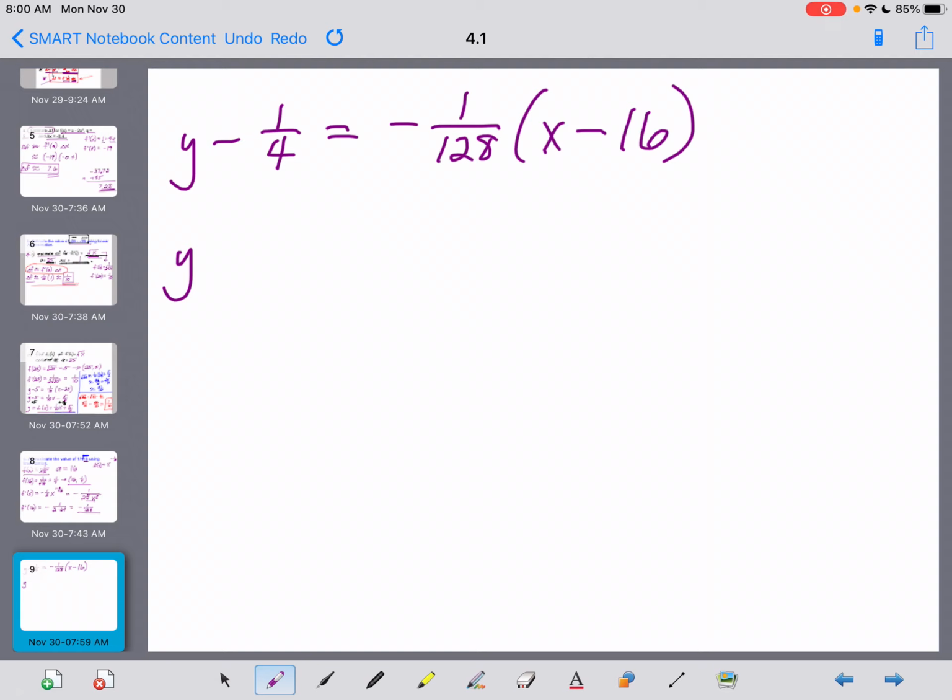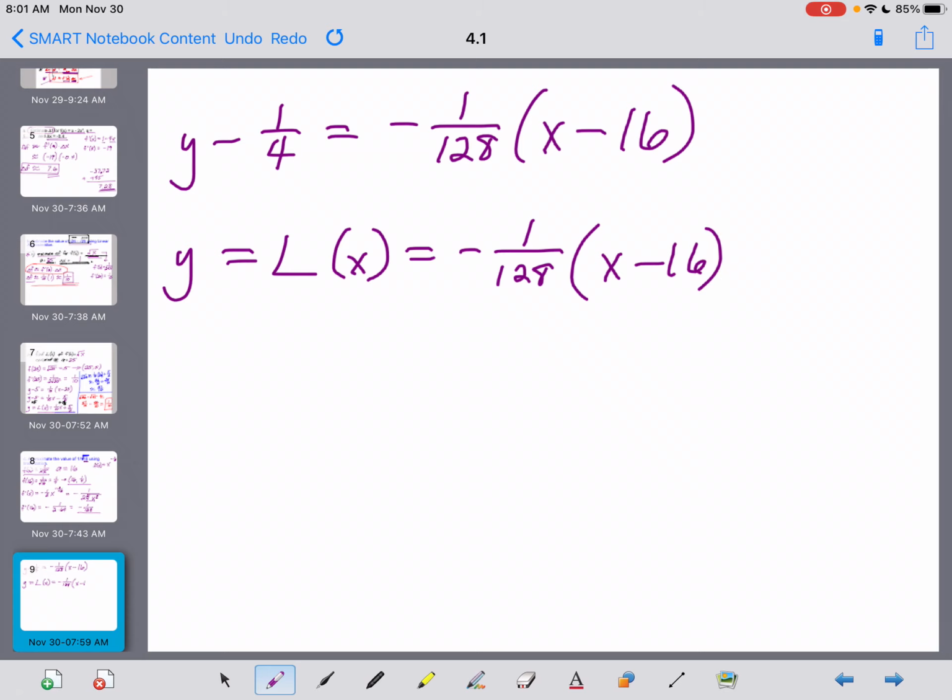I'm going to do this, that y is equal to, and let me go ahead and call it my linearization function, L of x, and I'm going to go to point slope equation, everybody, which is a cheap version of point slope form, but you do it when the distributing wouldn't really help and you'd end up with a really messy spot anyway. So I'm going to leave this right side the way it was, looking like this, and then just add the 1/4 at the end of that. Technically, we have solved for y. It's just kind of a cheap way to do it. So there's your linearization function.